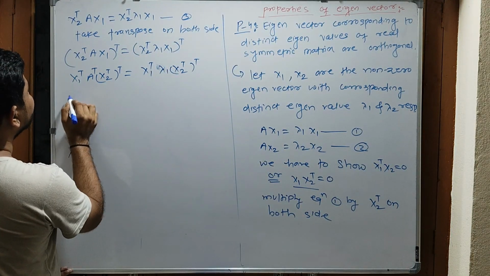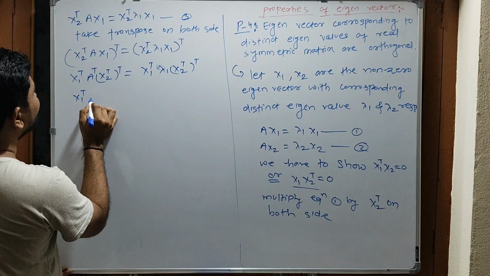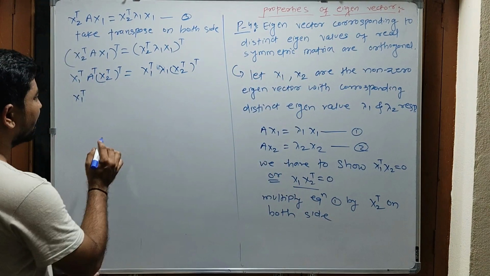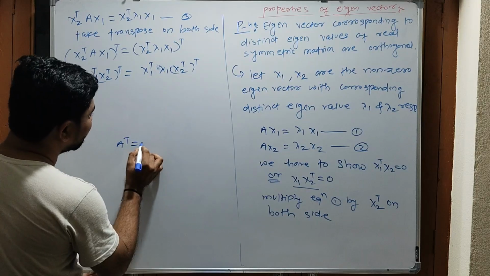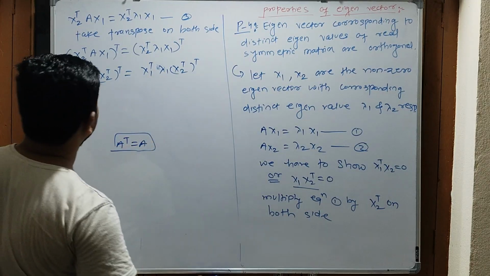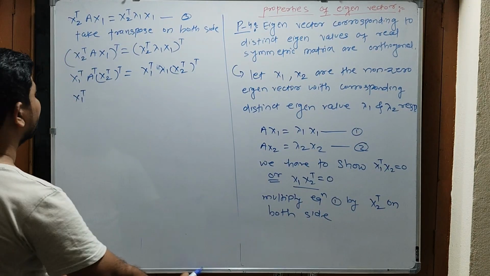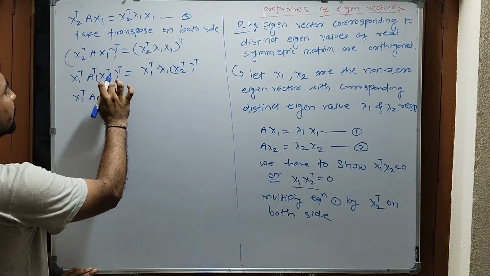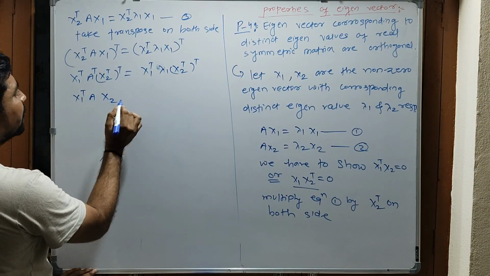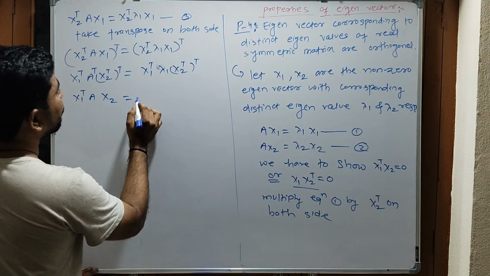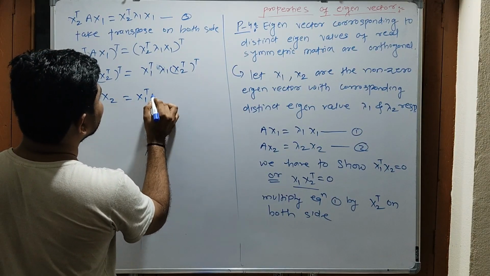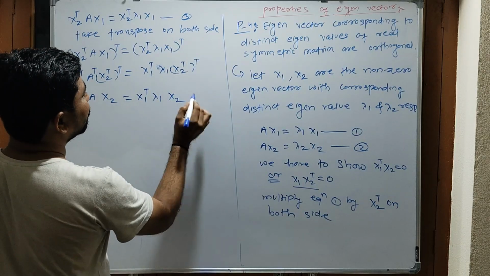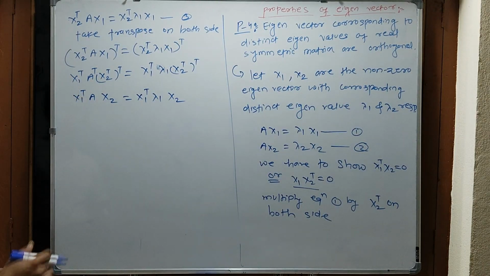Now, since my matrix is symmetric, A transpose is the same as A. I am using this property. So x1 transpose A x2 equals x1 transpose lambda 1 x2.